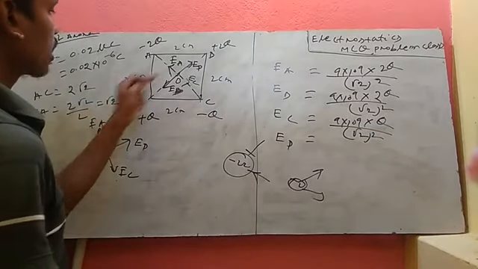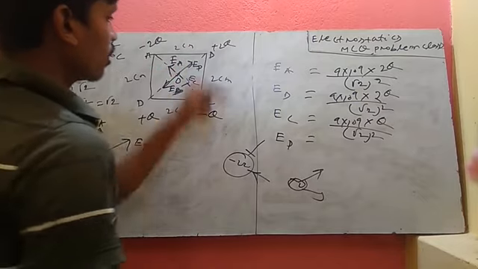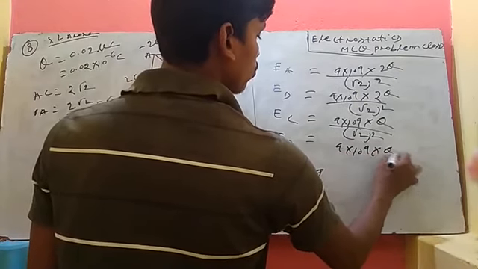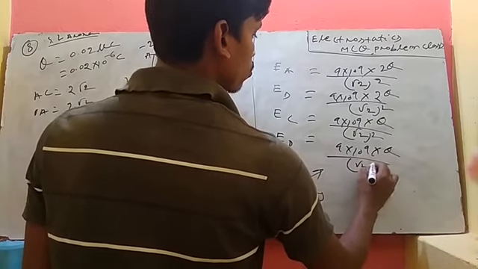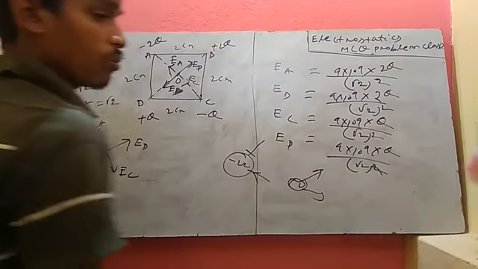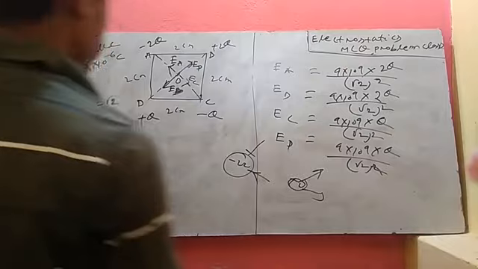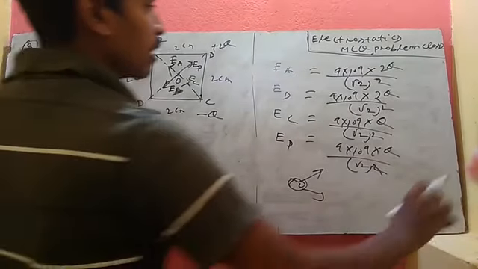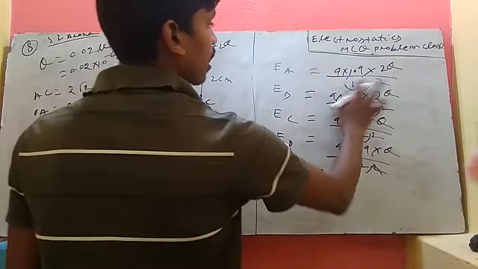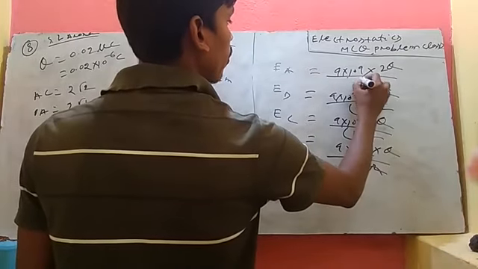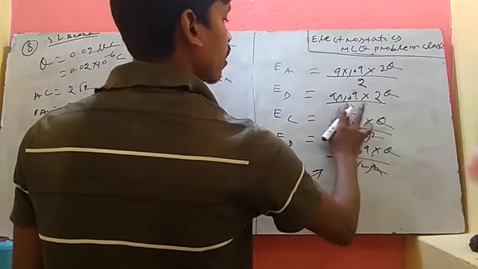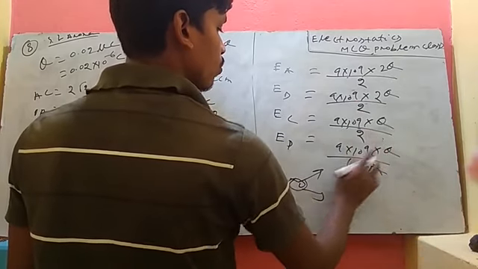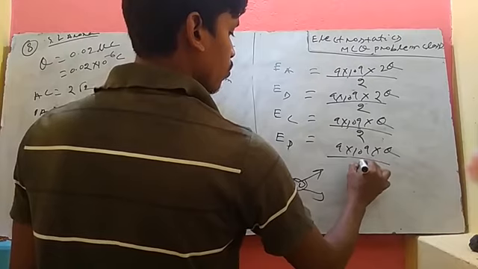Similarly, ED is 9 into 10 to the 9 into q by root 2 square. So we can find the net resultant.